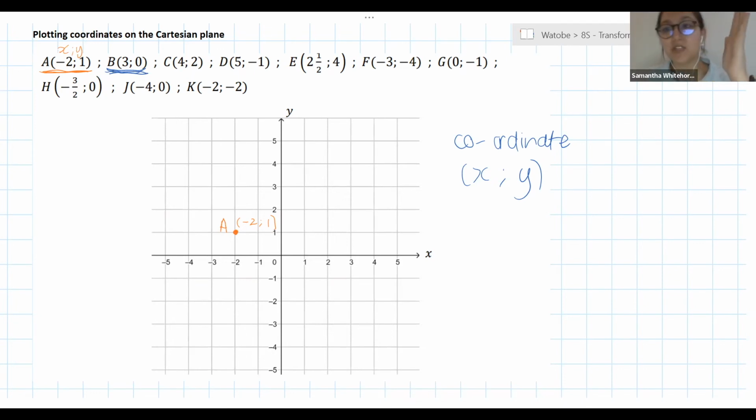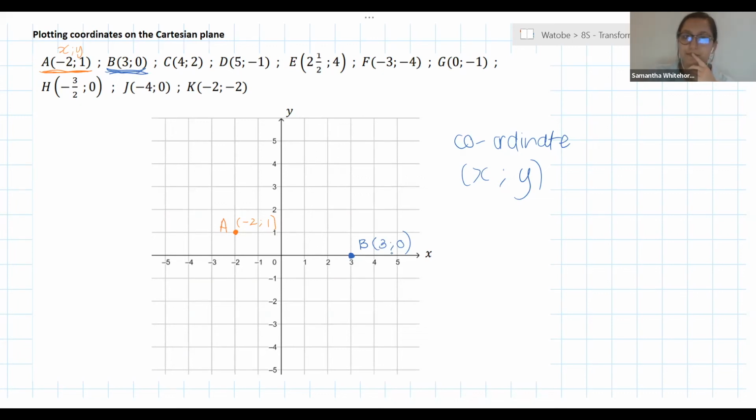Remember x first, so I go to 3 on the x-axis. Now y is 0, which means I'm not moving up or down, I'm staying exactly where I am on that 0 point. So B is actually on my x-axis at 3, 0. When y is 0, I've stayed on that horizontal axis, my x-axis.